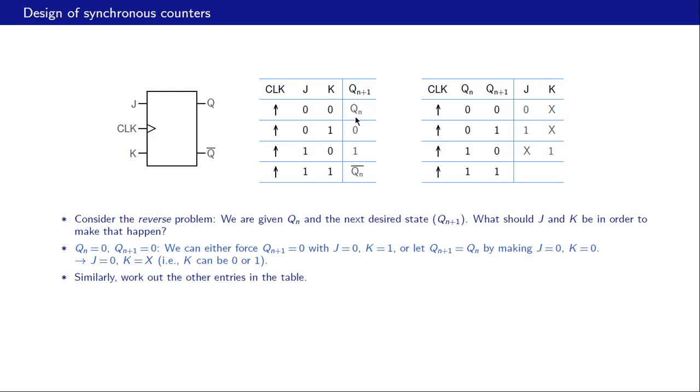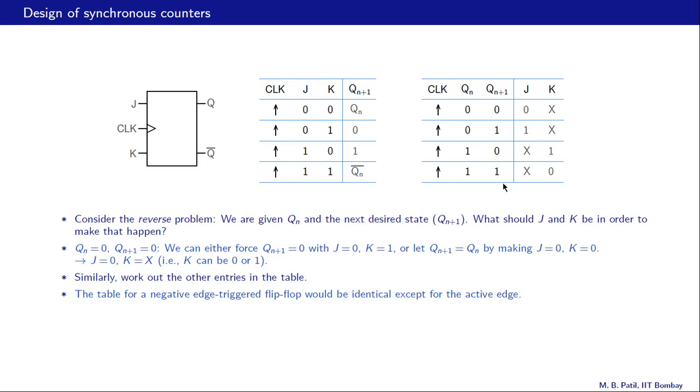That gives us K equal to 0 and J is a don't care condition. So this is the complete table, and it tells us what J and K should be if Qn and Qn plus 1 are given. And this table can be used for designing a counter with a specific sequence, and we will take a look at an example soon.